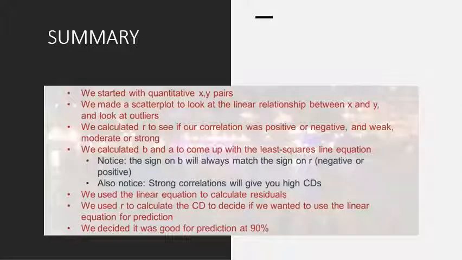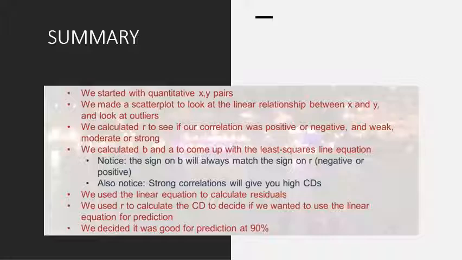So in this lecture, I know it was a lot, but I know that you guys are smart enough to handle this. We went over quantitative XY pairs. We made a scatter plot to look at the linear relationship between X and Y, and then we looked at outliers. We calculated R to see if our correlation was positive, negative, weak, moderate, or strong.